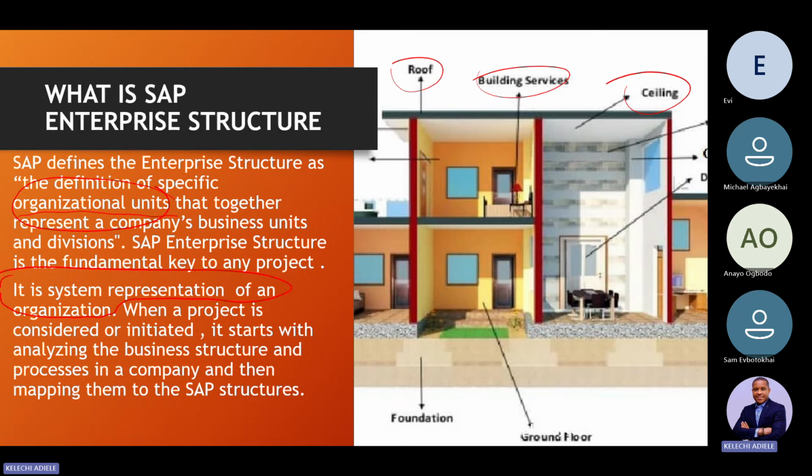So when we're talking about business areas, profit centers, cost centers, look, those are the information you need to get from the business. You need to understand a business. So part of your requirement gathering, that's why that takes a lot of time.